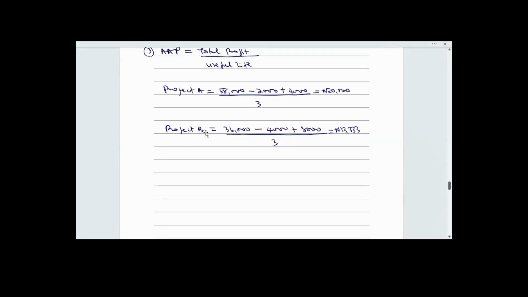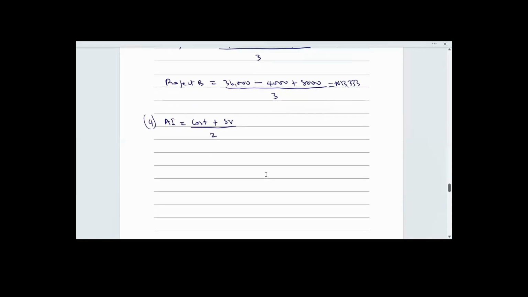Working number 4 says we should calculate average investments. So average investment equal to the cost of the project plus scrap value divided by 2. If you are not given a scrap value, then you put 0, okay? So that 0 is a figure.